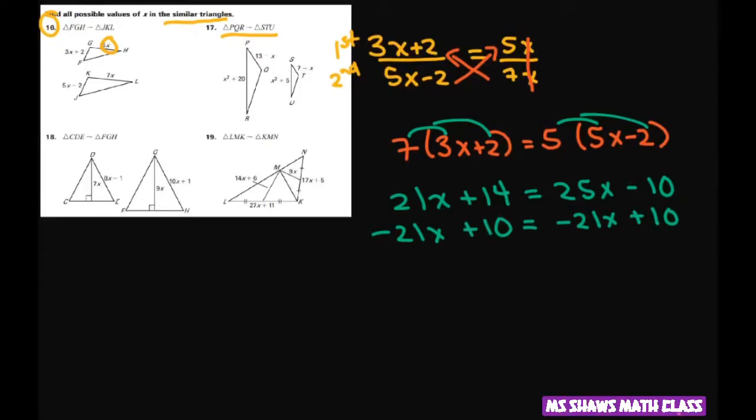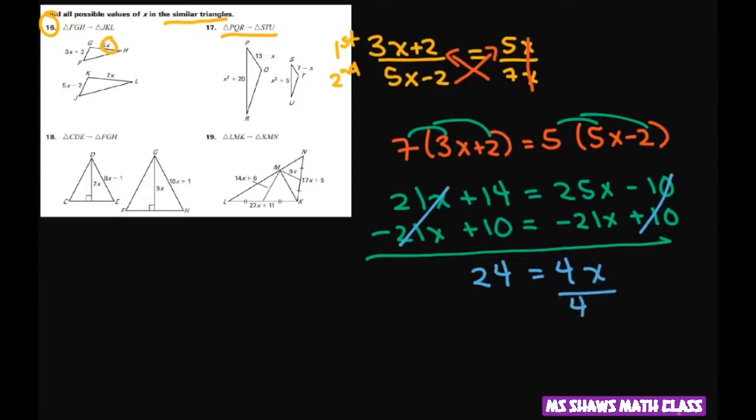So when you do that, these two cancel out. So you get 24 equals 4x. Now let's divide both sides by 4, and you get x equals 6. And when you plug that in, the triangles will be similar.